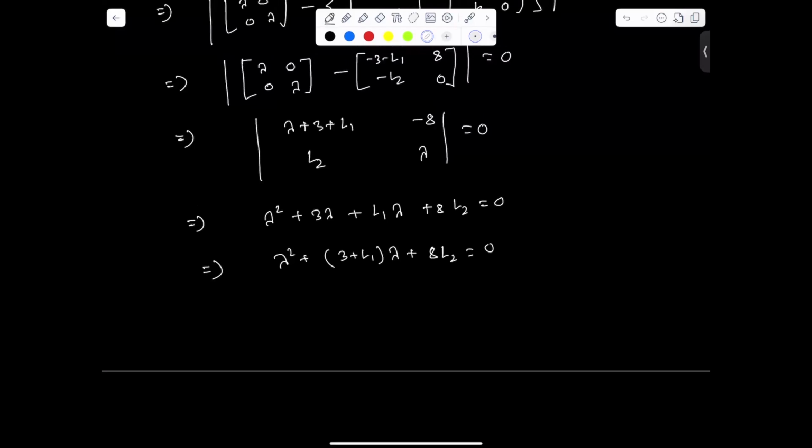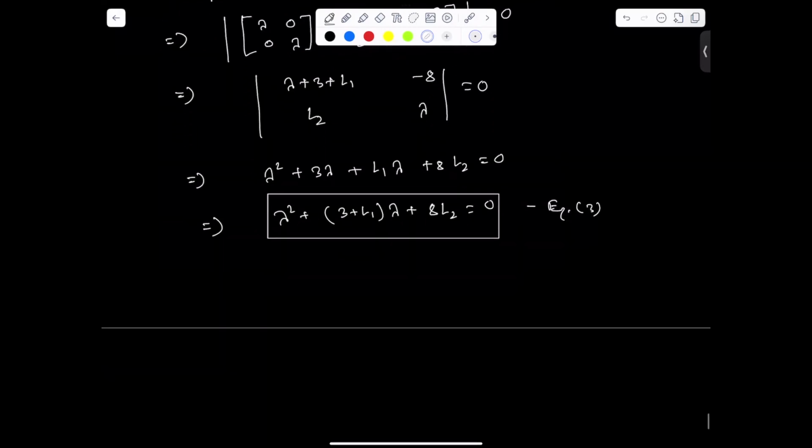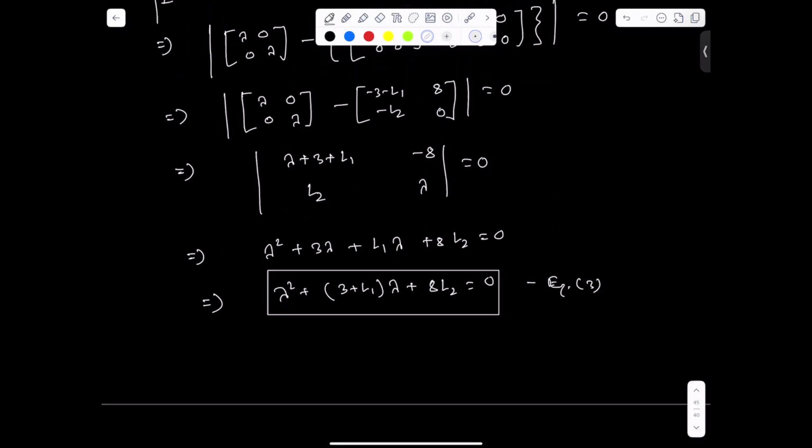Right. This is the characteristic equation of the error dynamics. Okay. So let us define this equation number 3. Now, as we have mentioned in the earlier lecture, the eigenvalues of the observer should be faster than the eigenvalues of the system dynamics.